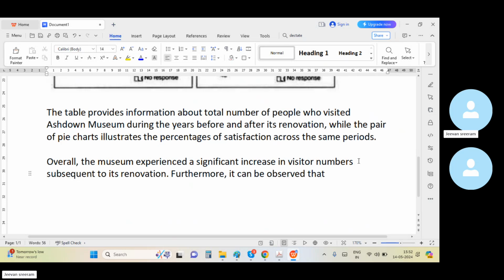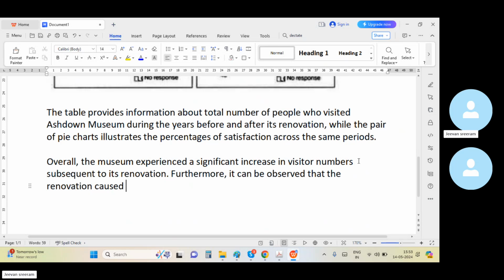Observe that renovation actually caused, in fact, the renovation, in fact, you can use in fact just to emphasize the meaning. You can even ignore. Renovation caused, what happened?